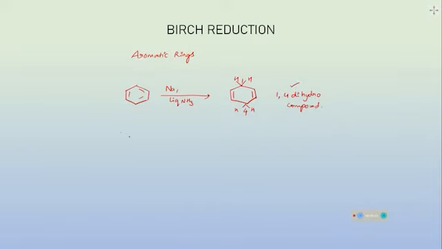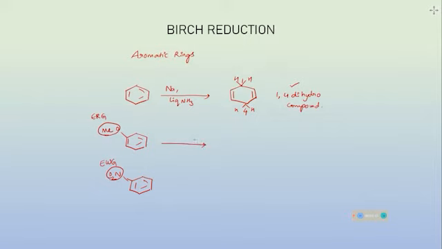If there is a substituted benzene, for example, let us take an electron releasing group attached to a benzene ring as well as an electron withdrawing group attached to a benzene ring. Here OMe is an electron releasing group and NO2 is an electron withdrawing group.